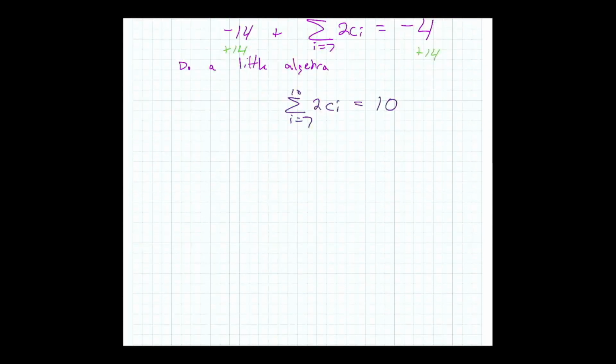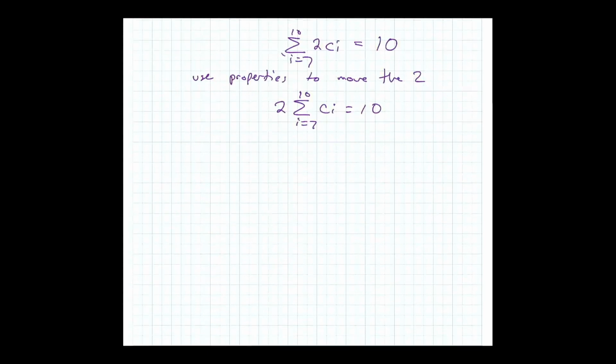So use a property to get rid of the 2, which we've already done a variety of times. Variety? That's a weird way to say that. But take the 2 out. Like that. And then divide both sides by 2.